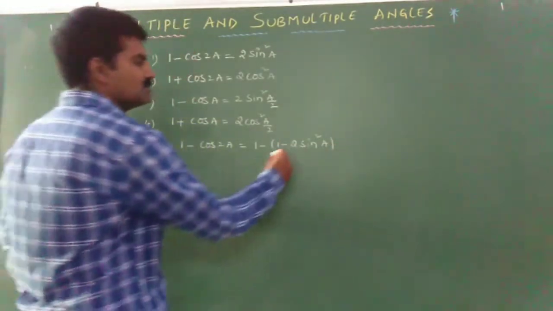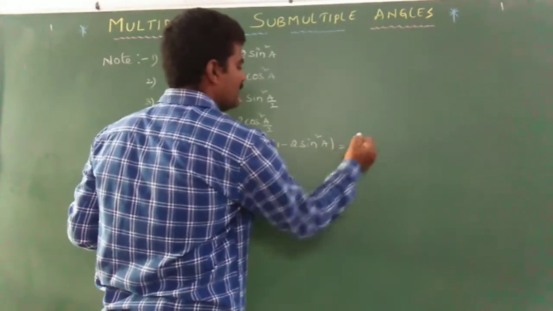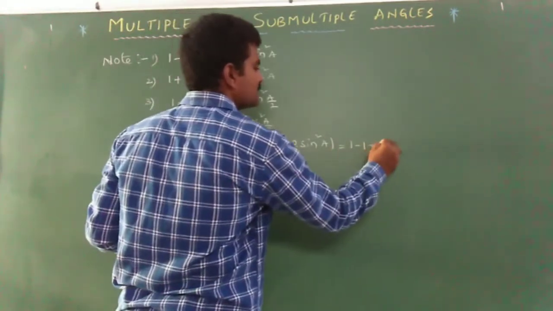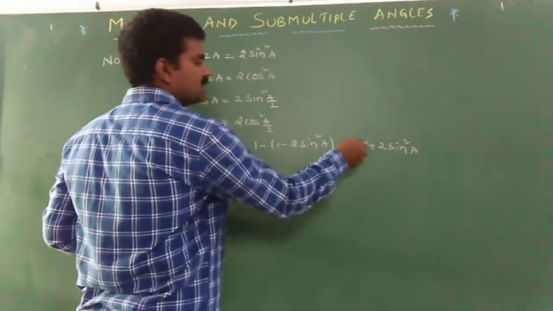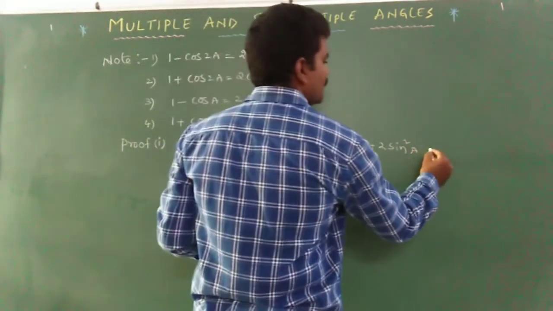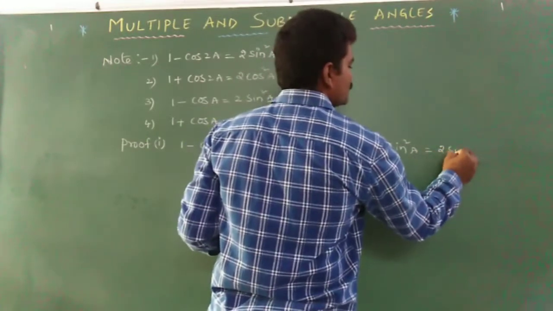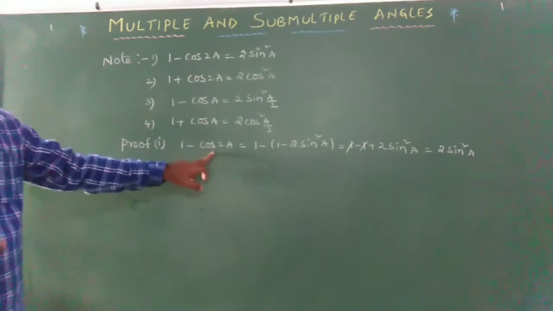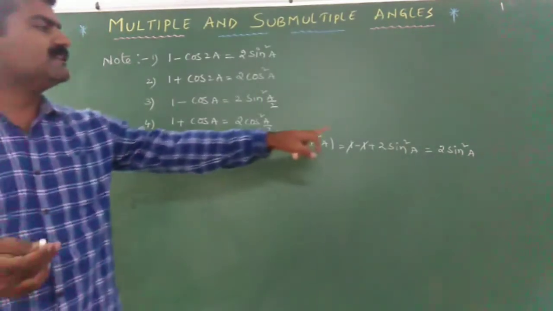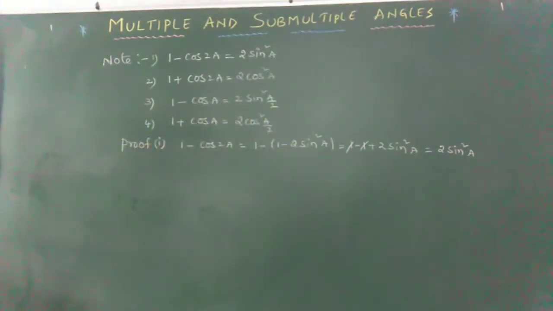Isn't it? So this is 1 minus 1 plus 2 sin square a. 1 minus 1 gets cancelled. So finally, which is equals to 2 sin square a. So please remember that now 1 minus cos 2a is nothing but 2 sin square a.